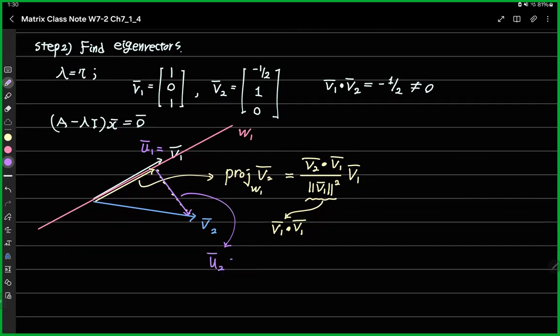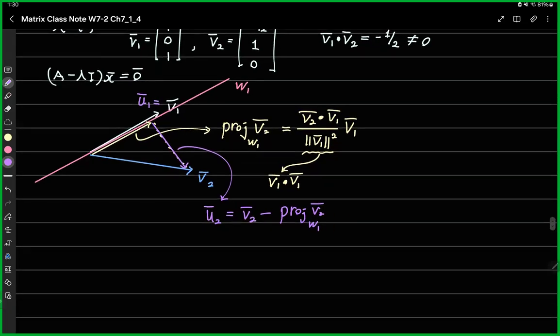It's going to be V2 minus the projection of V2 onto the subspace W1. This way, we can construct the orthogonal basis. That's the Gram-Schmidt process.